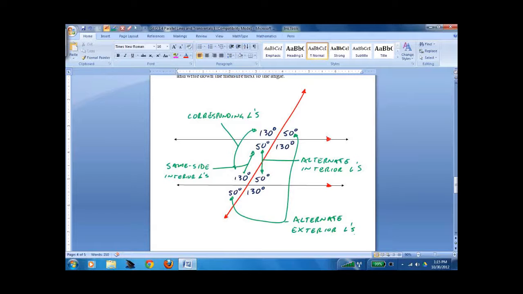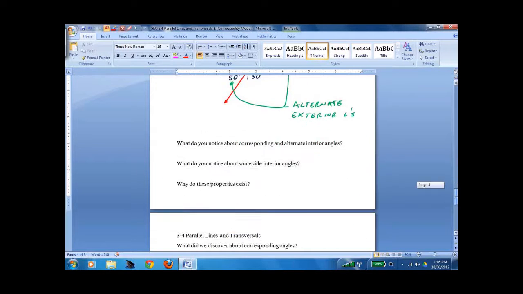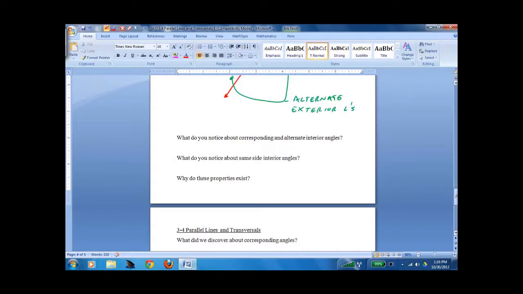And if you look closely, you can see quite easily, as a matter of fact, what the relationships are between them all. Corresponding and alternate interior were congruent. So were alternate exterior angles.